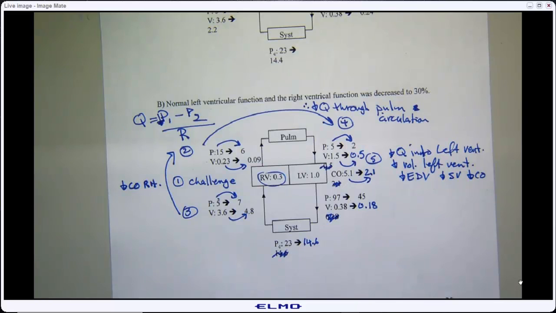So if we have a drop in cardiac output, what do we expect to see in our systemic arteries? What do we expect to see there? Decreased mean arterial pressure. We've just put out less volume into the systemic arteries.